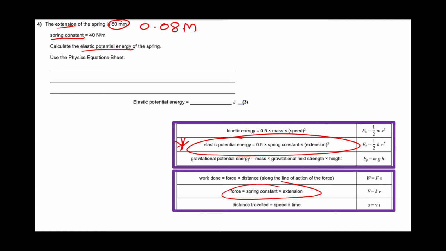So I'm going to write elastic potential energy equals, now half times k times e squared. I'm going to write 0.5 because that's how I'll type it into my calculator, times by k times by e squared. Very easy to miss the squared off here, so you need to make sure you include that squared. It's the sort of thing you need to look back and check when you're checking your answers at the end.